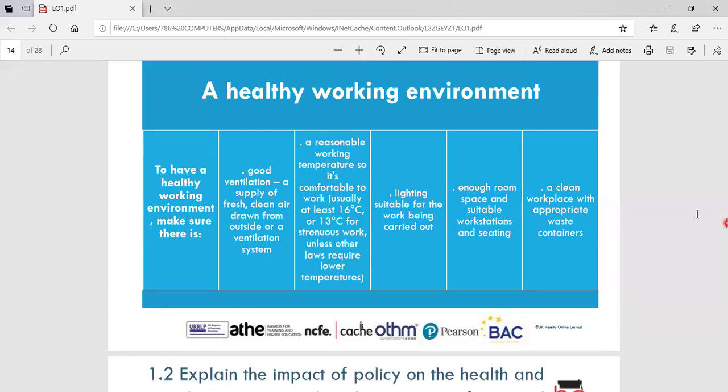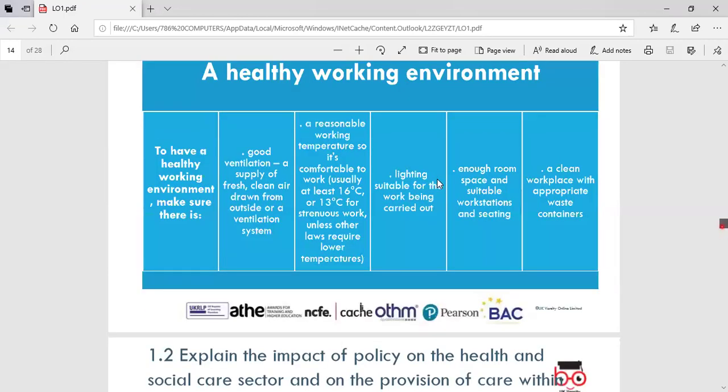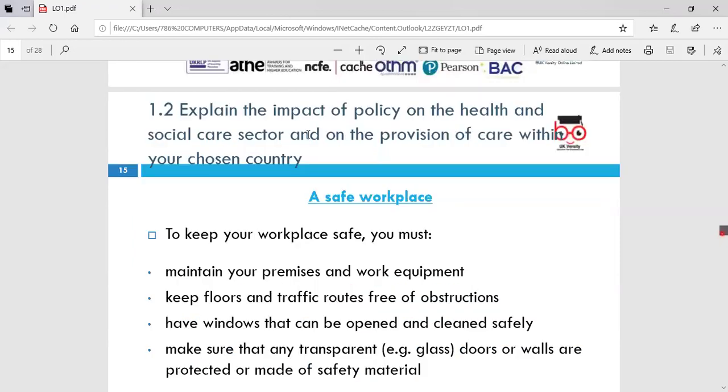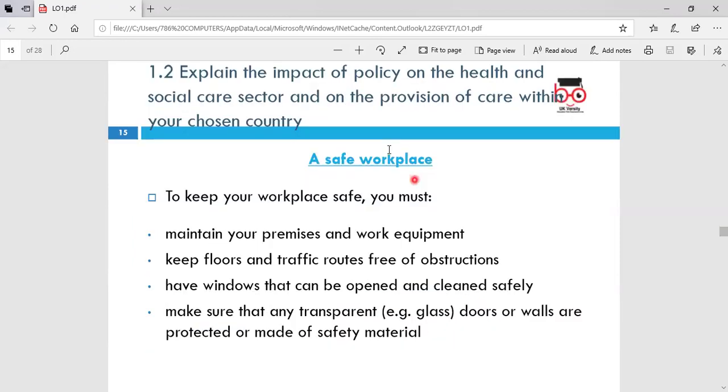What's a safe workplace? So we talked about a healthy working environment. Now we're talking about a safe workplace. Again, we're talking about the impact of policy on the health and social care sector, on the provision of care within your chosen country. So a safe workplace should have these things in place.